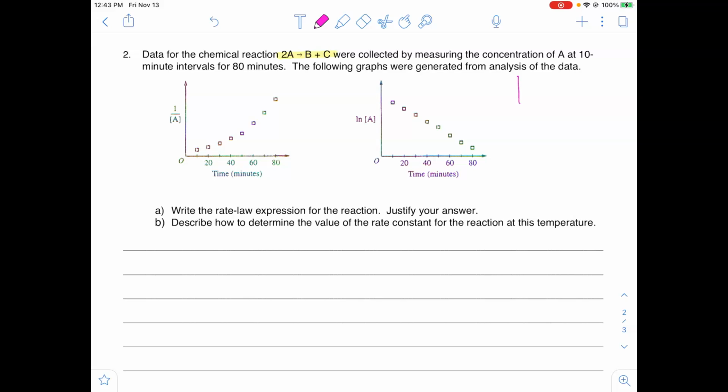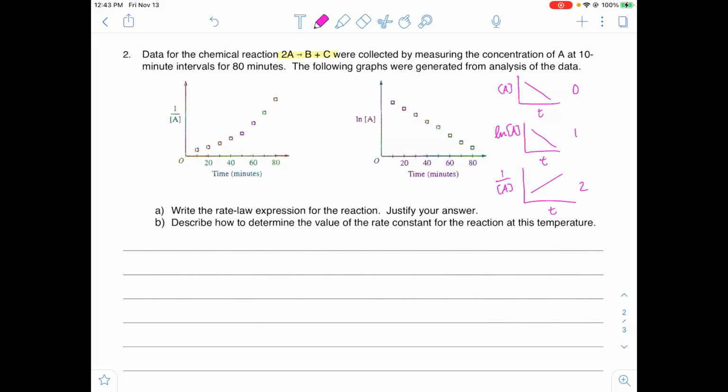We know that from our graphs, if it's just concentration of A versus time, that's a negative slope, that's a zero order. We know that the natural log of the concentration of A versus time with a straight line negative slope is a first order, and the inverse of the concentration of A versus time, straight line positive slope, is second order.